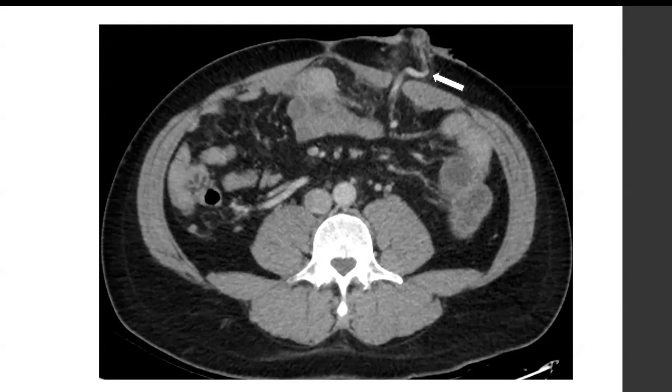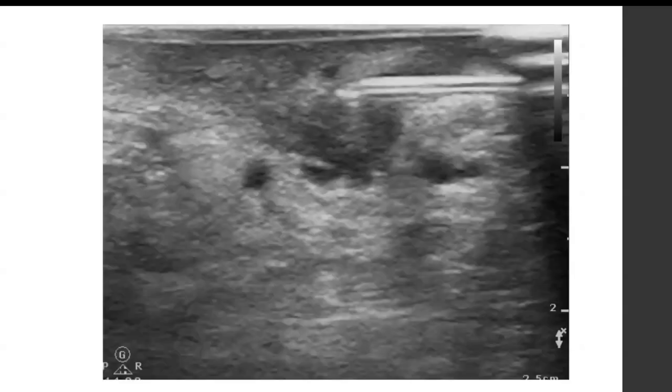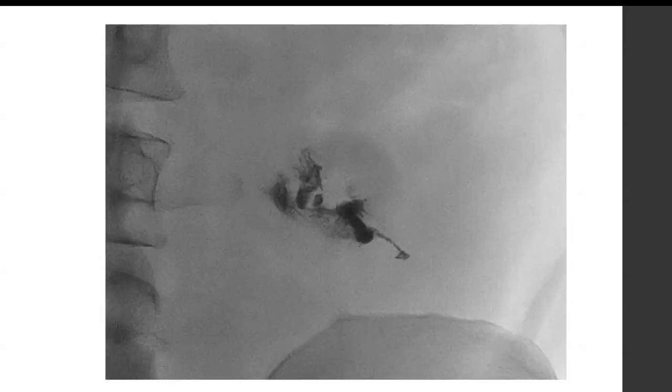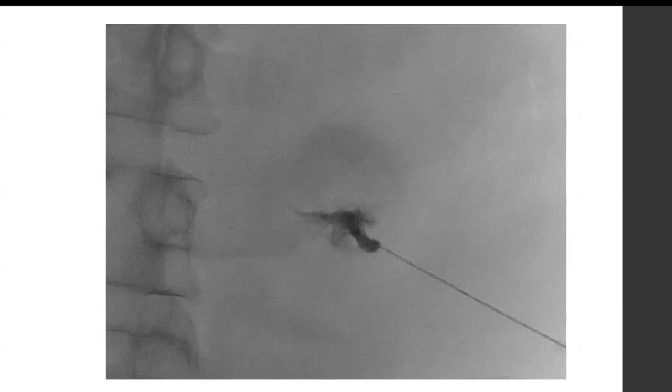Or you can do what we did here, and this is often what we'll start with: access the varix directly through the skin. So just stick a needle into it, inject some contrast to show that you're in the right place, and then you can see, hopefully, the stoma is roughly here, this radiopacity in the center.